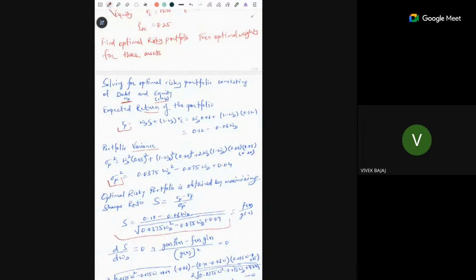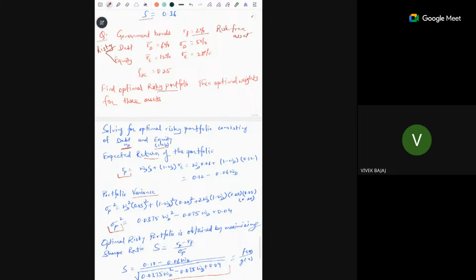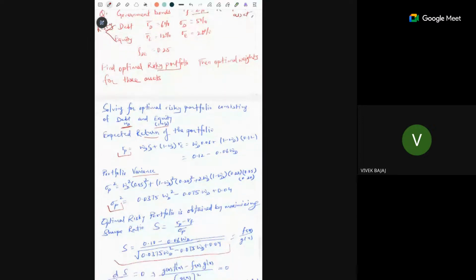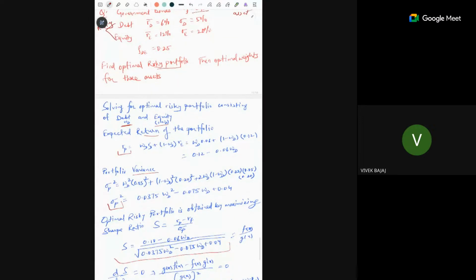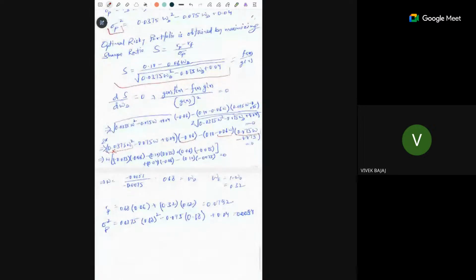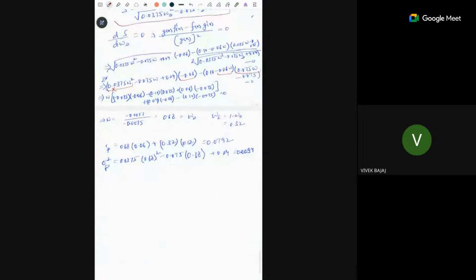But in the exams, we refrain from asking for the optimal risky portfolio, because it is very hard to solve these lengthy questions in the exams, as exams are time constrained. So this question is just for your understanding, and I would recommend you solve one of this type on your own.